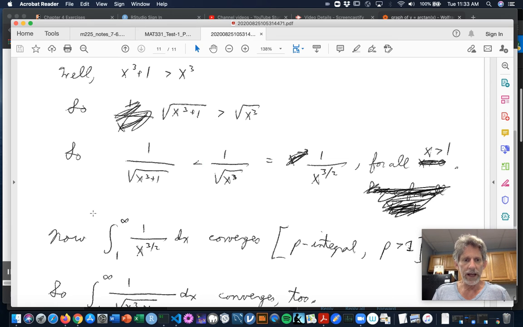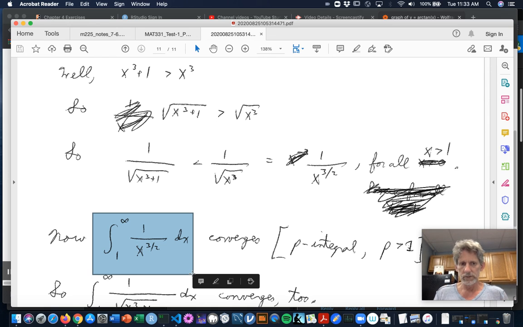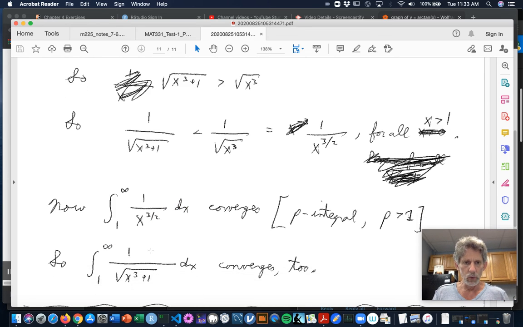So let me see what happens to that other function from 1 to infinity. Well, whoa, that's one of those p integrals. The p integrals from a to infinity, like in that theorem 1 that we did earlier in the notes. And we learned that when the p power was bigger than 1, the integral would converge to some finite number.